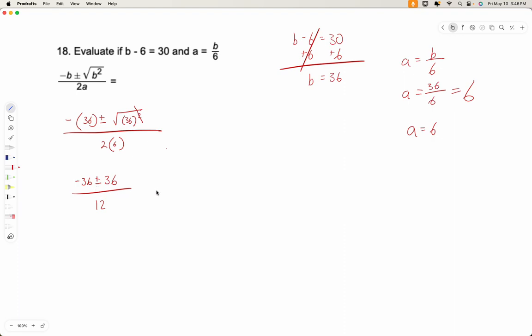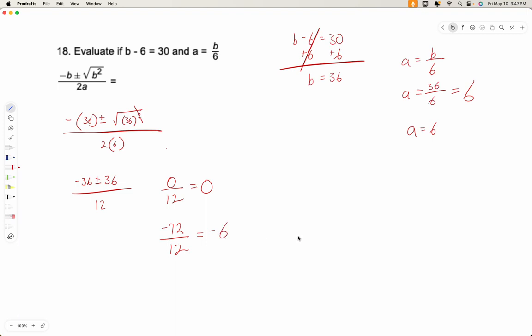So that's going to be negative 36 plus 36, which would equal 0 divided by 12, which is equal to 0. If we do it the other way, we have negative 36 minus 36. That's going to be negative 72 over 12, which is equal to negative 6.